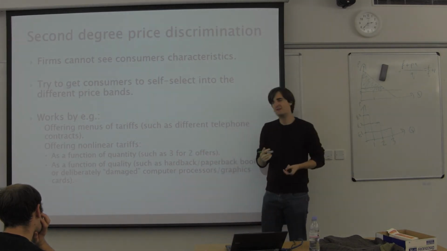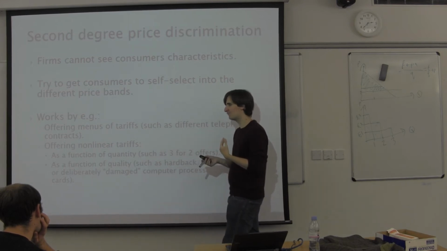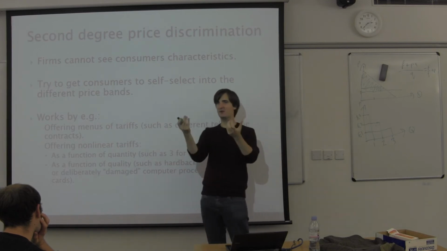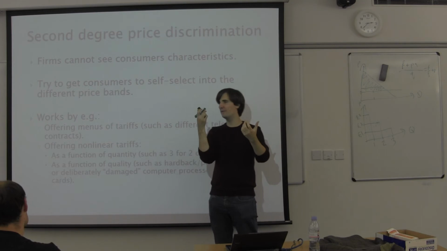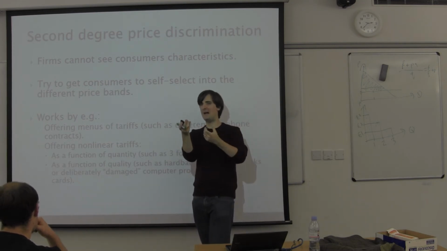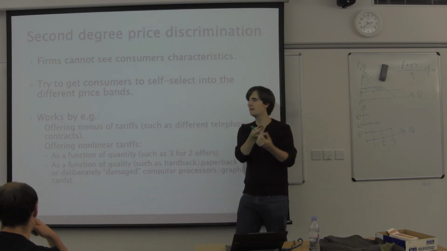So that means that they can start with one product and turn it into 2 different products. One that they can sell to high-value consumers, one that they can sell to low-value consumers. Okay, and because they've been damaged, the low-value consumers can't then sell it on to the high-value consumers.